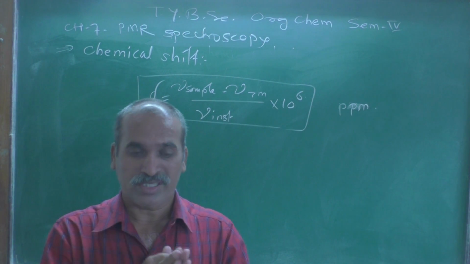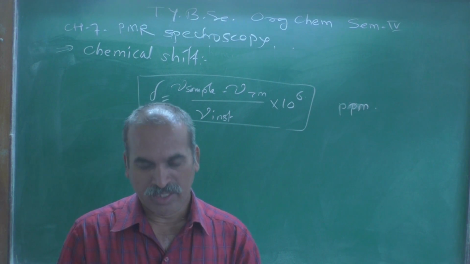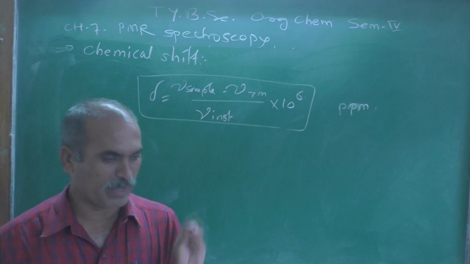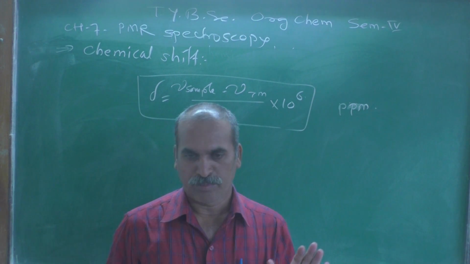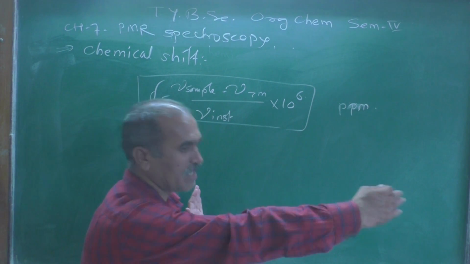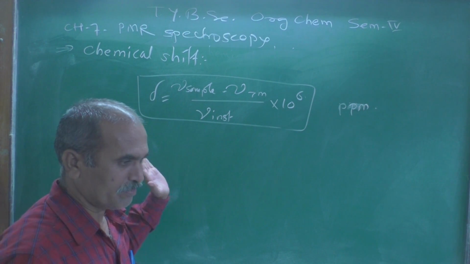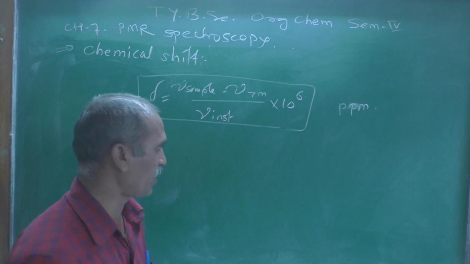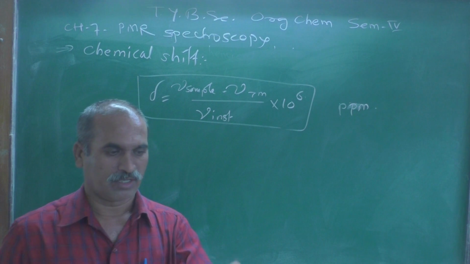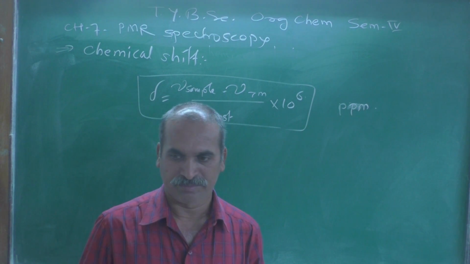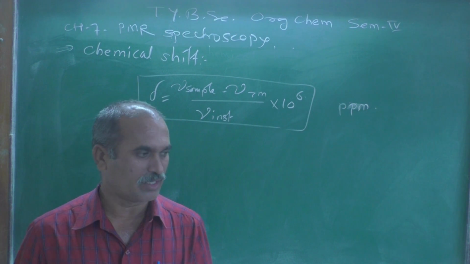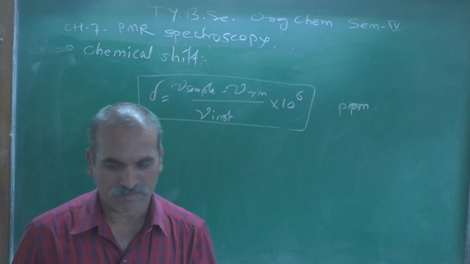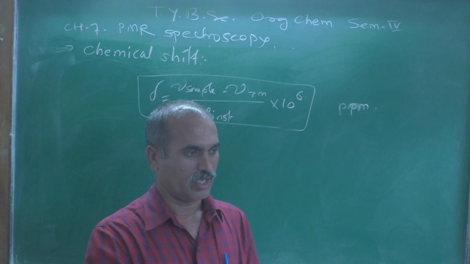Now, what is the actual range of it? If you remember from physical chemistry, the pH meter has a scale from 0 to 14. A pH of 7 is neutral; water has a pH of 7.